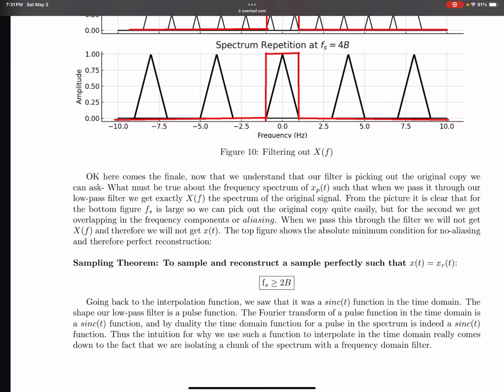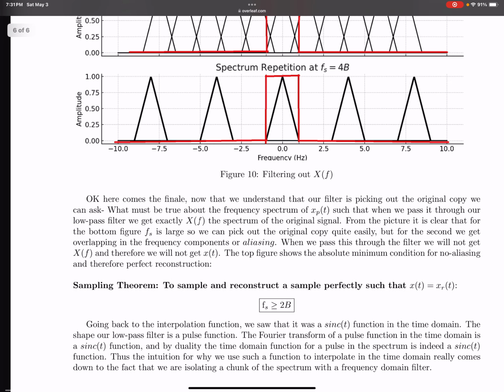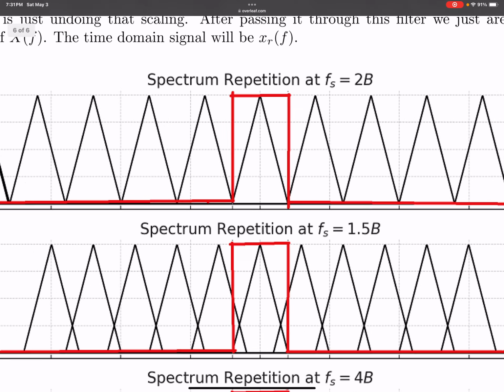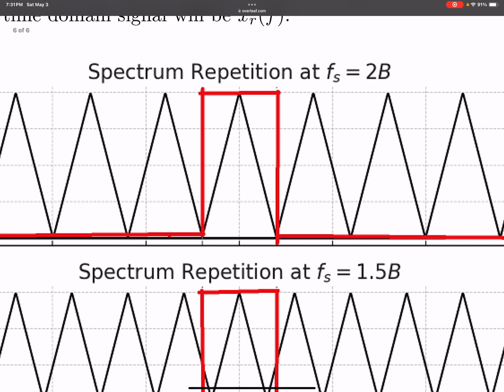So what do I mean by that? This condition is basically observed from looking at this plot. In order for these copies to not overlap, your frequency needs to be shifting them.